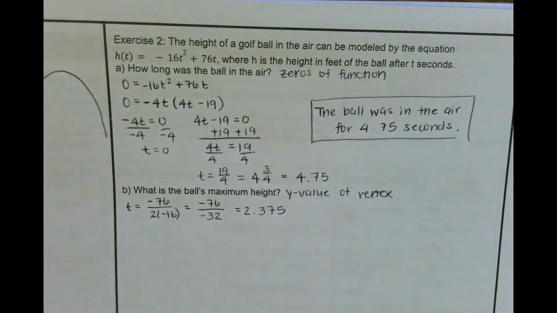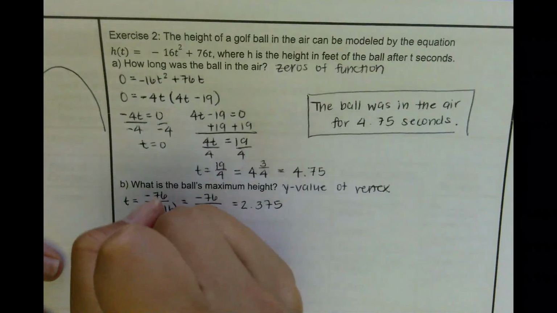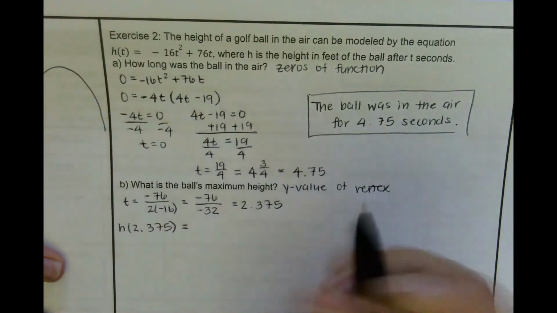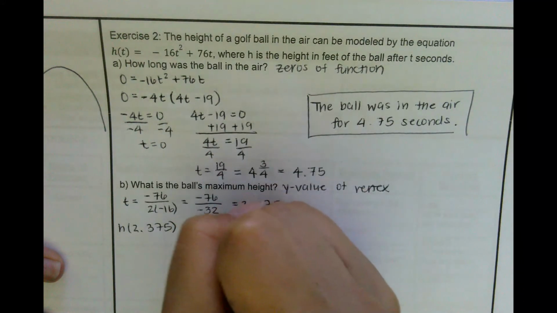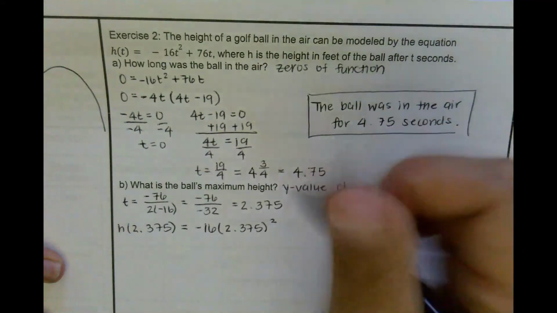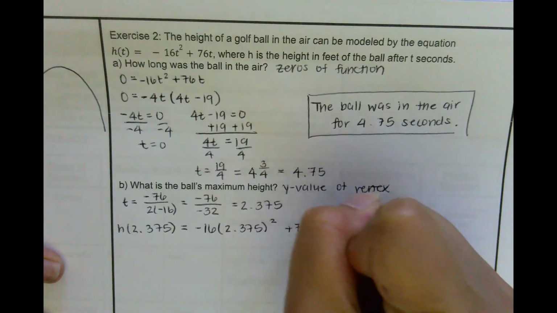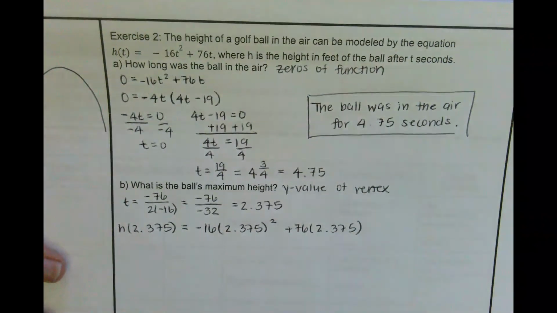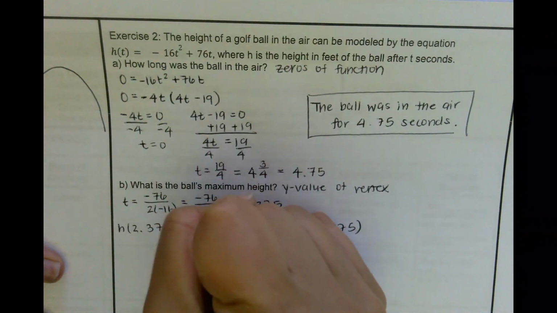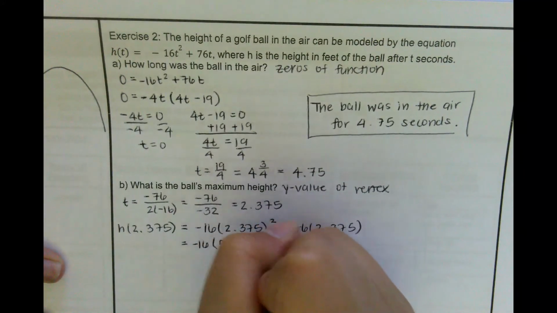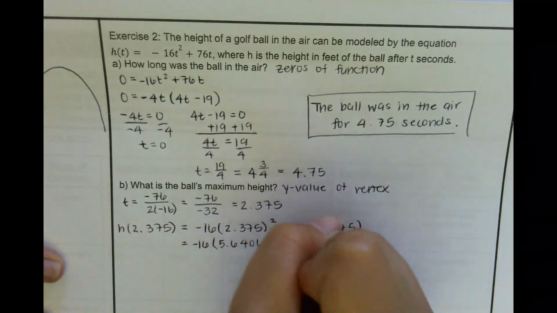To find out the height, I would have to plug it in. So negative 16 times 2.375 squared plus 76 times 2.375. 2.375 squared is 5.640625.